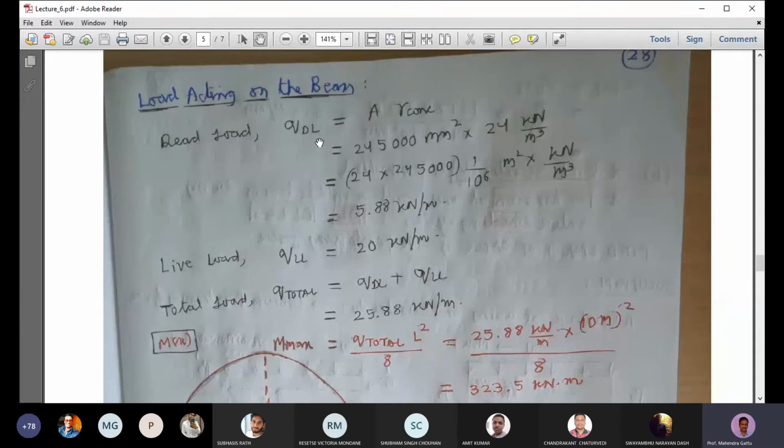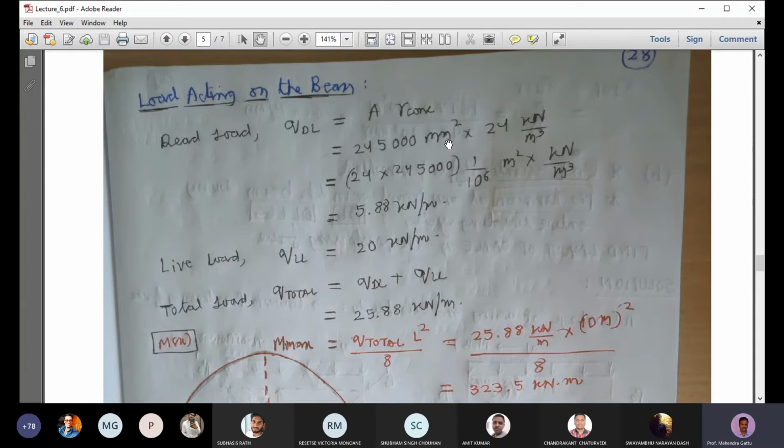We are given the density of concrete, so from the density, we can get the distributed load due to self weight. The distributed load due to self weight is QDL, and we multiply the area of cross section with the density. The area of cross section of the beam is 245 into 10 power 3 millimeter square into 24 kilonewton per meter cube.